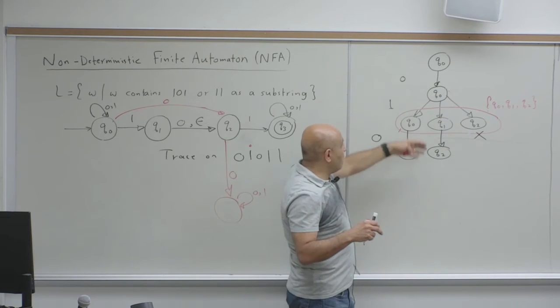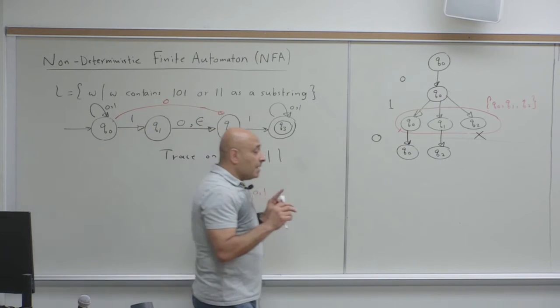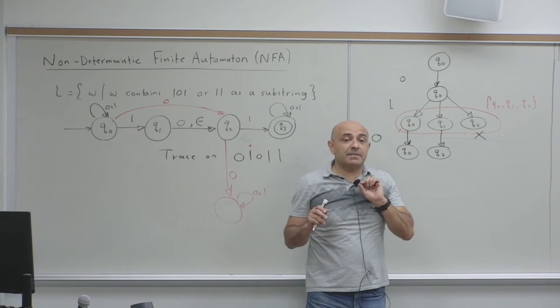But we have multiple paths. So this is a good question, because in an NFA, it suffices to have only one good path that gets you to an accept state.